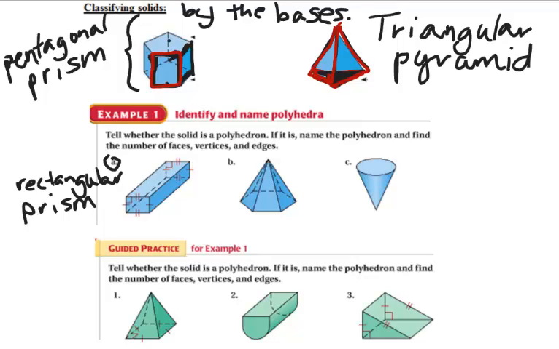We can call the front and the back the bases, and then the sides would be connected by connecting vertices. Or you can say that the side it's sitting on is the base, and the top is a base, and then all the other sides are faces.